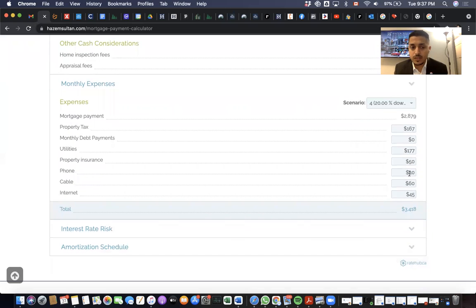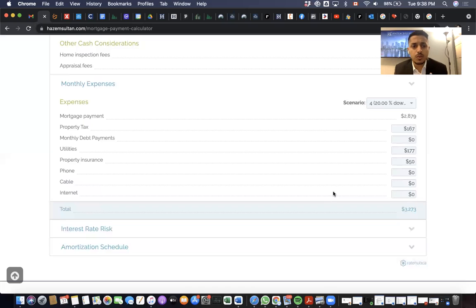Again, if you're an investor, in most cases, you would just leave this at 0, and then leave the cable at 0 as well, leave the internet at 0, and that would be the responsibility of the tenant. So let's say you are able to rent it at 3,400, that means you're pocketing the difference.